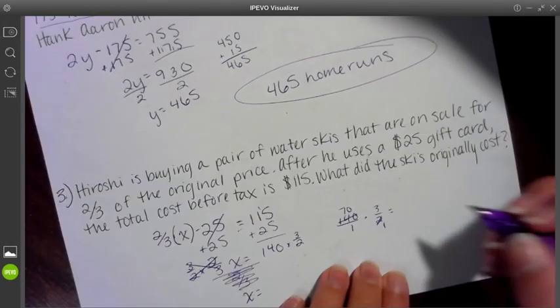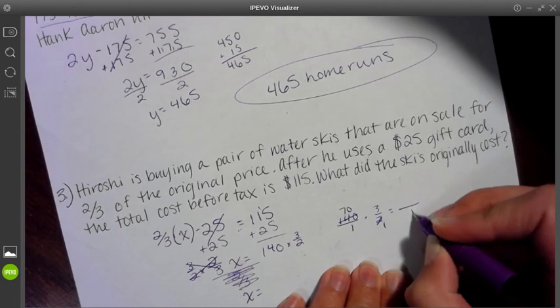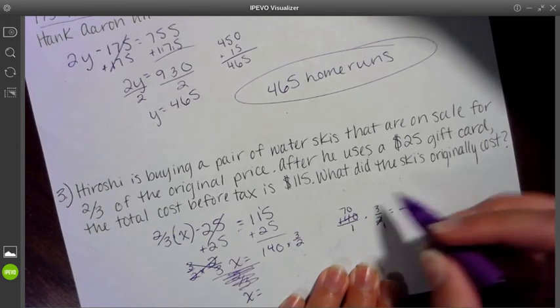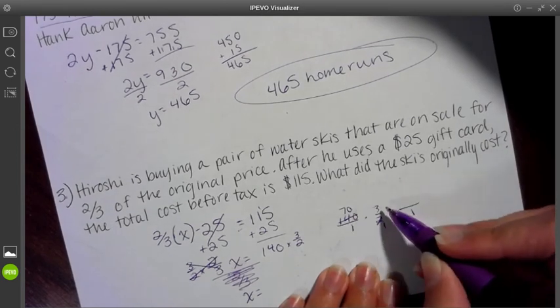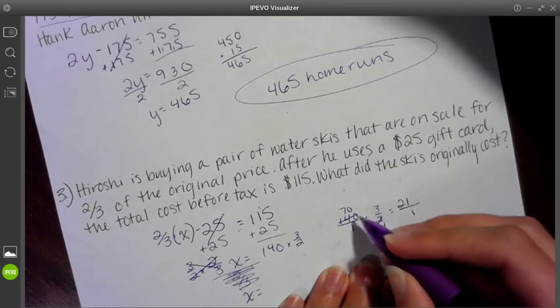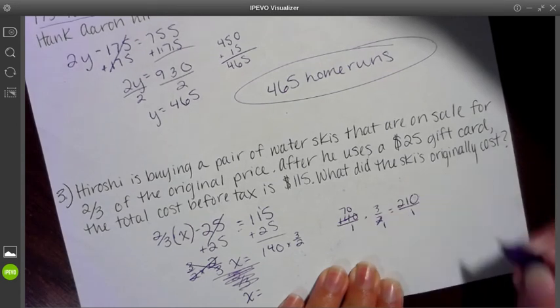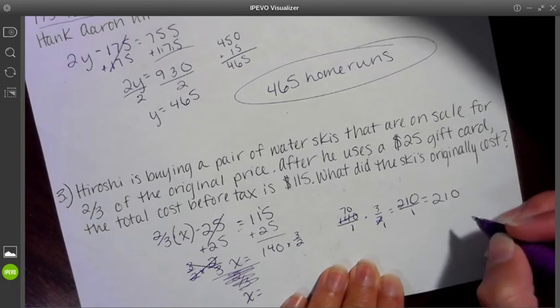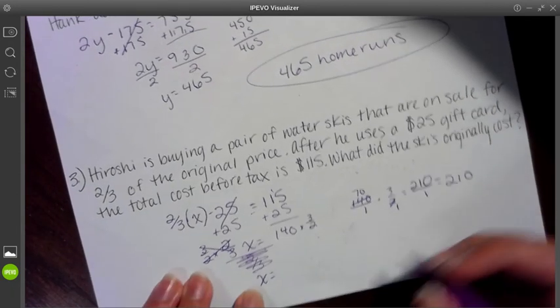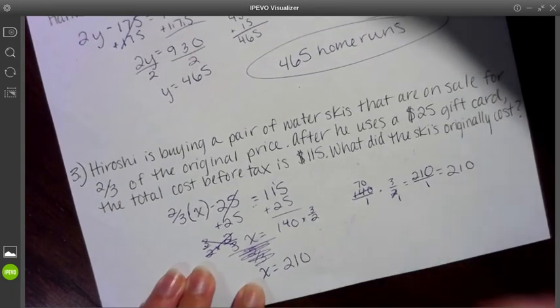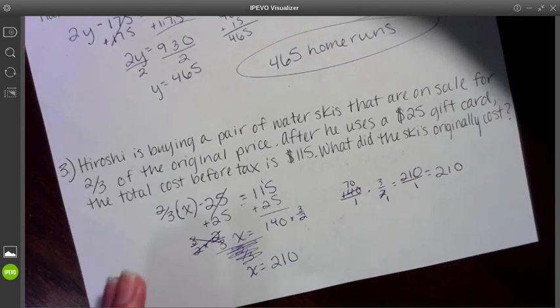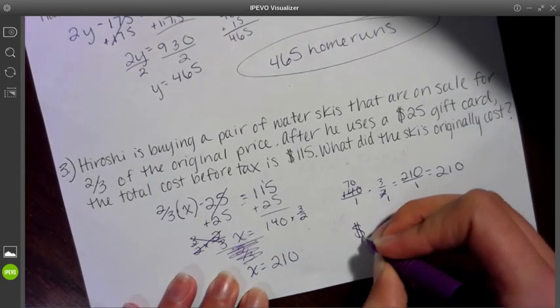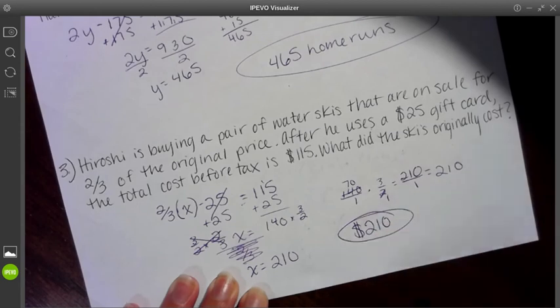So I do 70 times 3. 1 times 1 is 1. 70 times 3, well, 7 times 3 is 21. But one of them has a 0 after it, so I gotta add a 0. So then it's just 210. So x equals 210. The original skis cost $210.